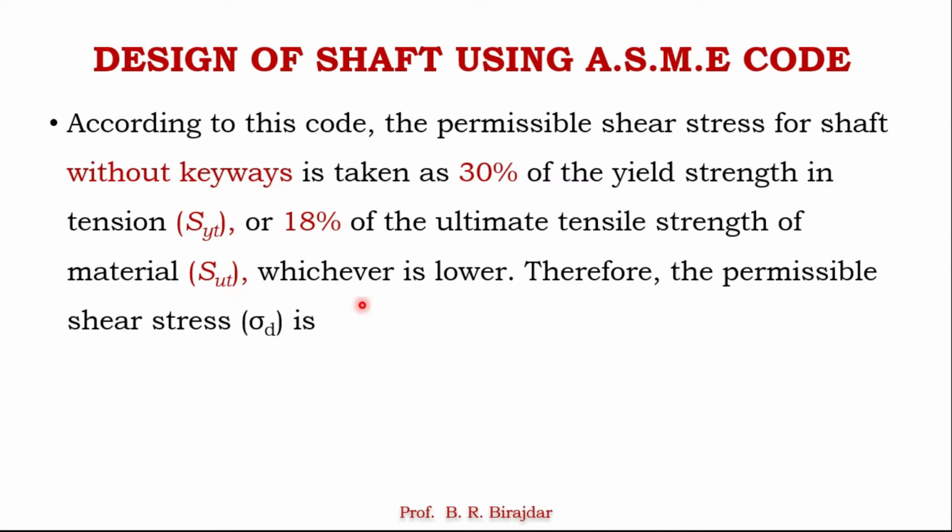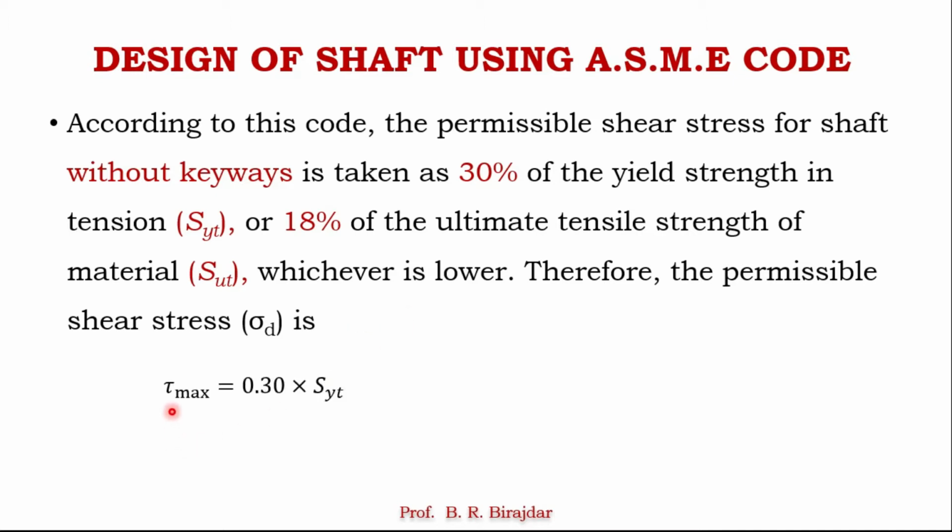And whichever is the lower out of these two values, that is the value we take. So if we are using a shaft without keyway, then either 30% of the SYT or 18% of SUT.